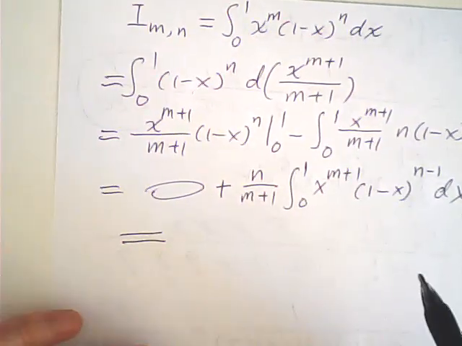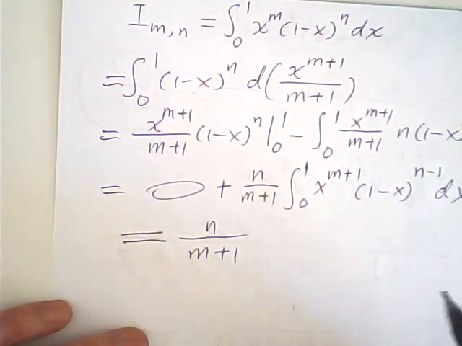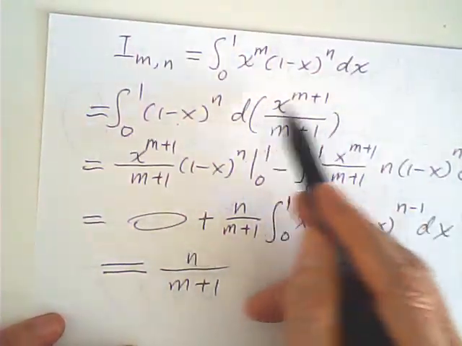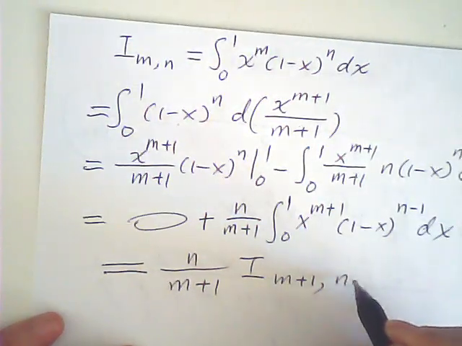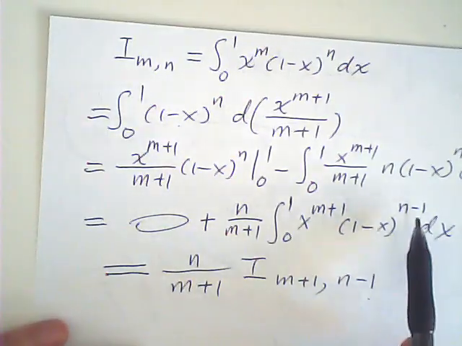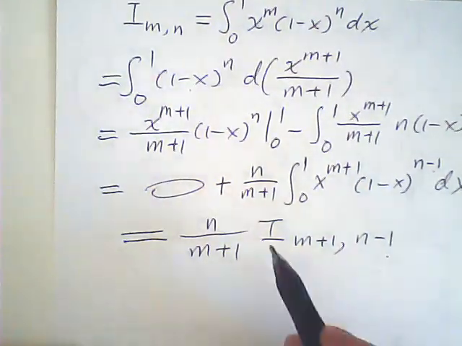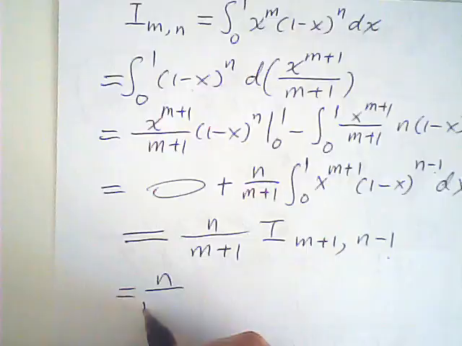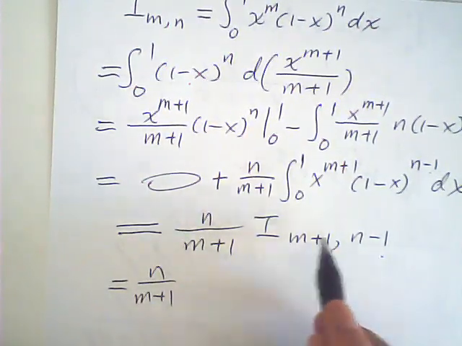So this is equal to n over (m+1) times I sub m+1, n-1. Yeah, this is not reduced, increased rather, but it doesn't matter. We can repeat the formula, we repeat the reduction formula.